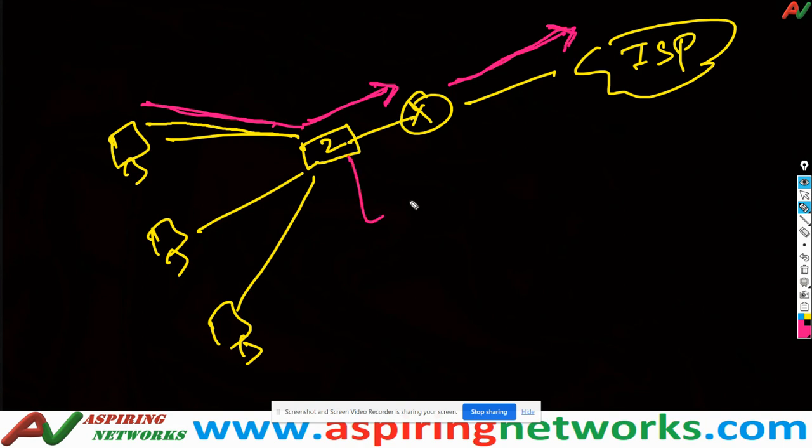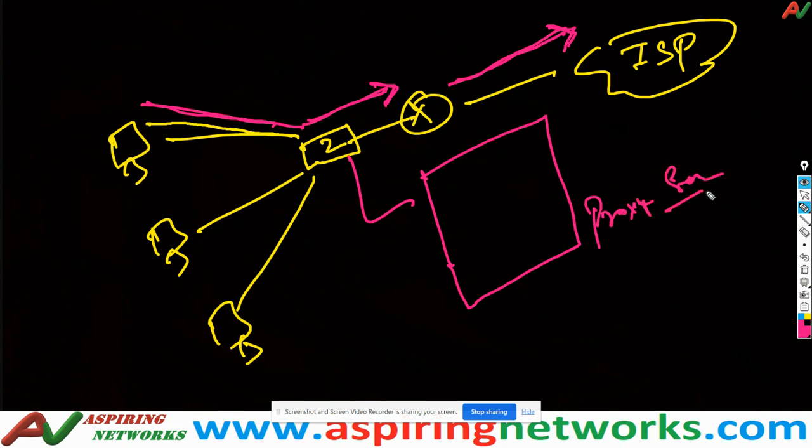So when you introduce the proxy server in your organization, and this is your proxy server, let's suppose. When you implement this proxy server, whenever any user tries to communicate inside or outside your organization, first the traffic is going to hit the switch.